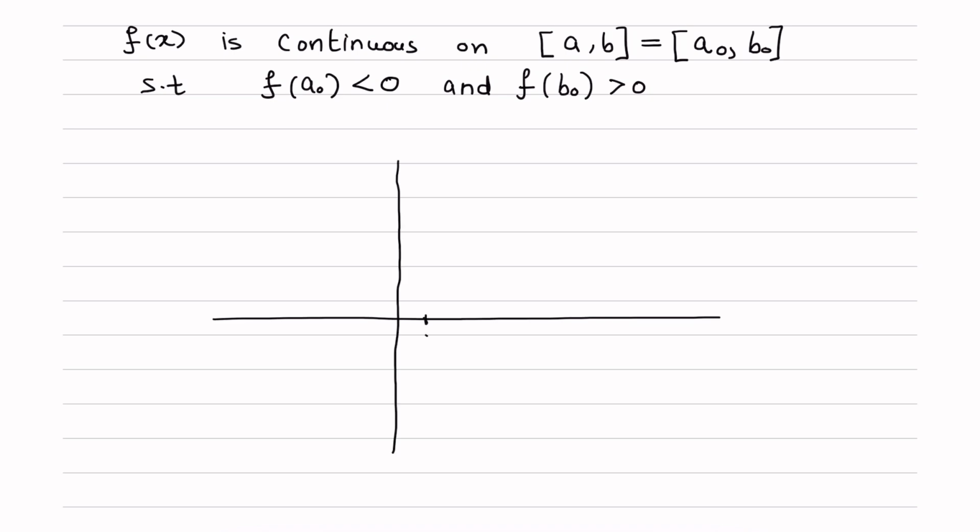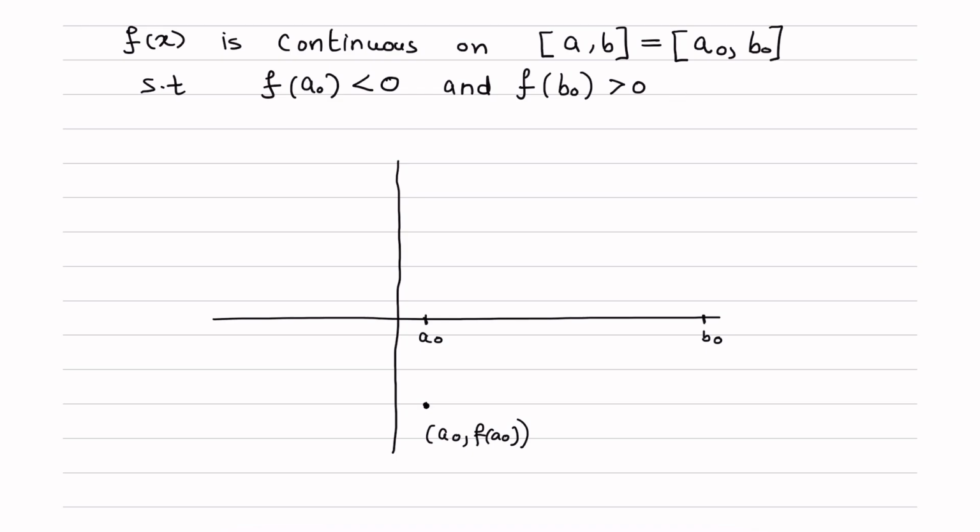Let's mark somewhere here A0 and somewhere here B0. Now we know that the function f of x is continuous on this interval A0, B0 such that f at A0 is negative. Let's mark it somewhere here, f at A0. So the coordinates here are A0, f of A0. And we also know that f at B0 is positive.